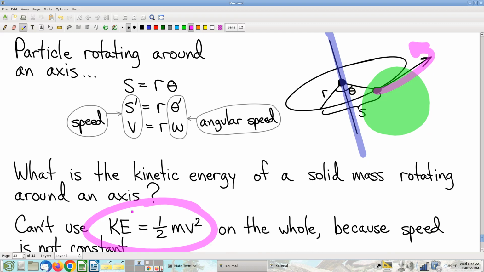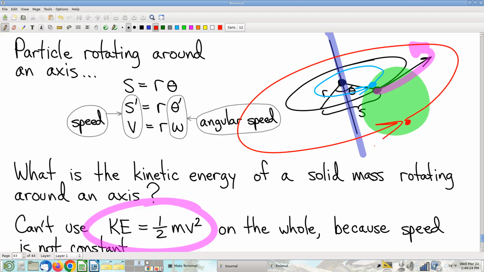High school physics reference. Here's the problem. If you look at this solid lump of mass, pieces of mass that are over near the axis, like this little lump of mass right there, it only moves that relatively short distance in the time it takes for our solid to go around one time. Whereas, by contrast, this piece of mass over here travels a much greater distance in the same amount of time.